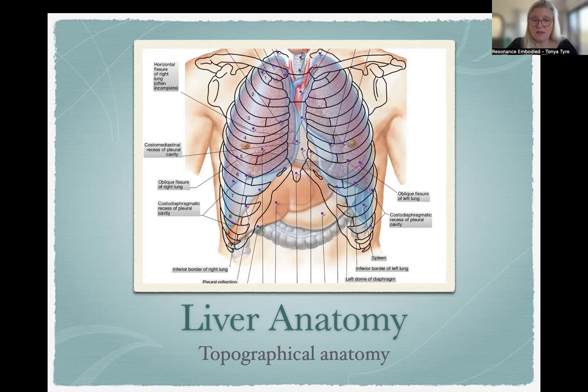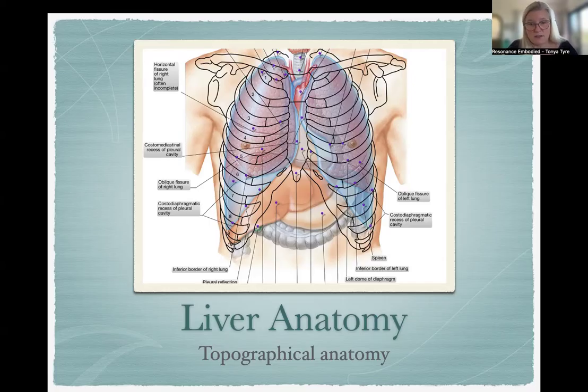But you can also see how the lungs are concave at the bottom on their inferior surface, and the liver sits right up into that with the diaphragm. The diaphragm's a nice dome for the liver to work with. So there's this snugging up of these tissues, and you can really see how lung and liver can impact each other.